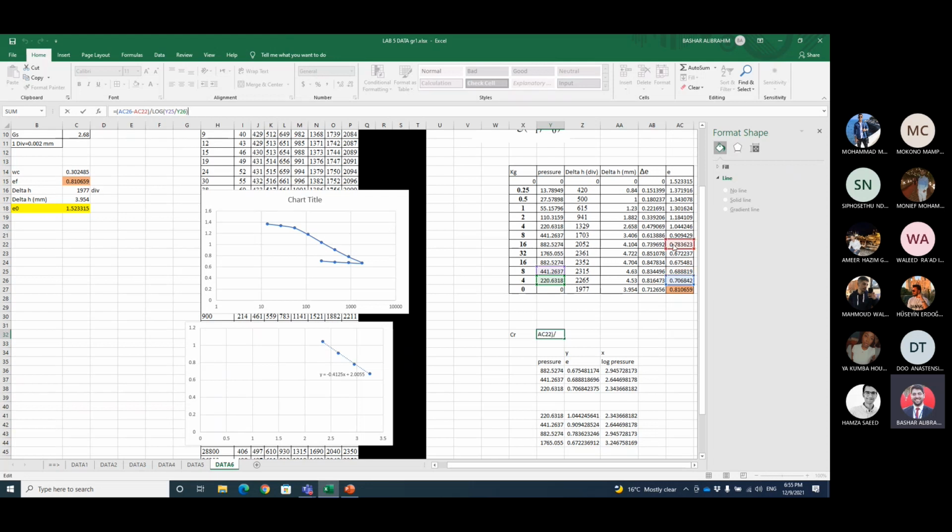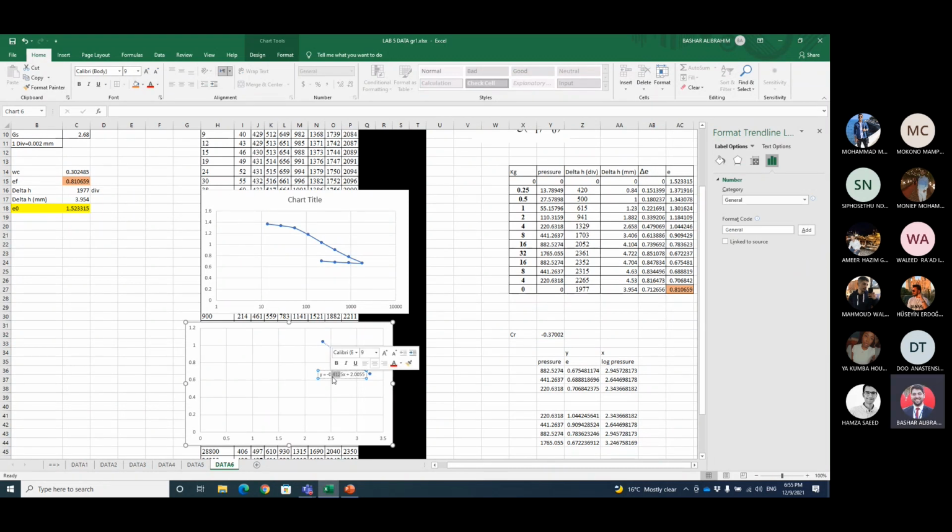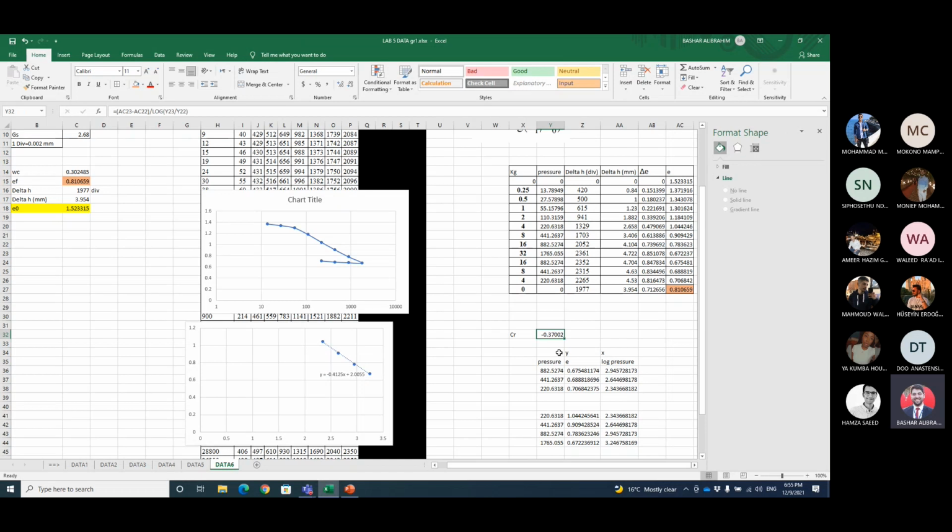So 16 I will select and 32. So 0.37, this is because we do not use the best fit. This is with the best fit. I will accept both, okay? They are close, 0.37 and 0.412. So you can use both. Or the maximum value. It is the correct one.